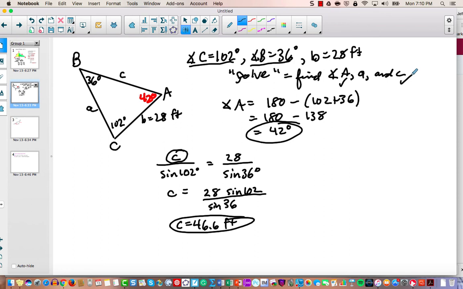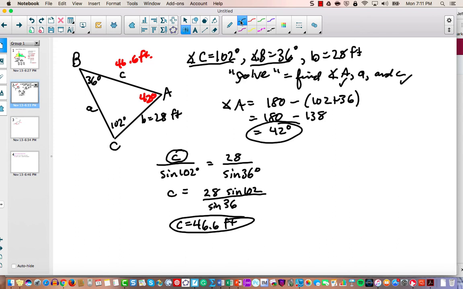And now let's use the law of sines. I can fill in up here that c is 46.6 feet. And I can fill in little a. You want to avoid using results that have been rounded. As much as possible, you want to stick with results that were given to you, because those are known to be as exact as you could get.